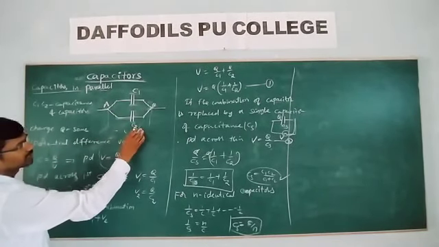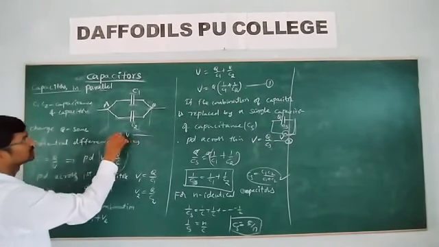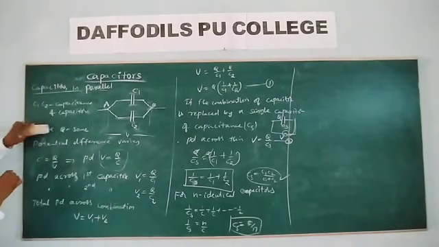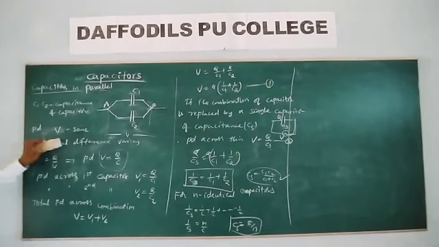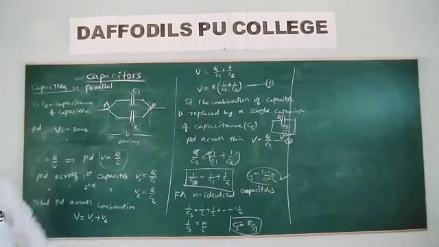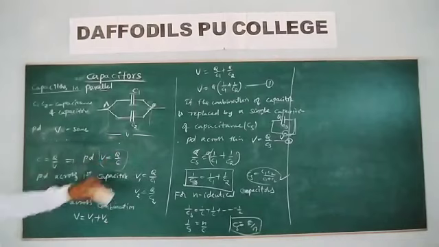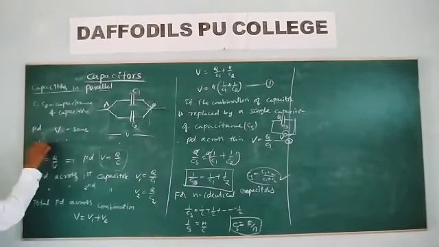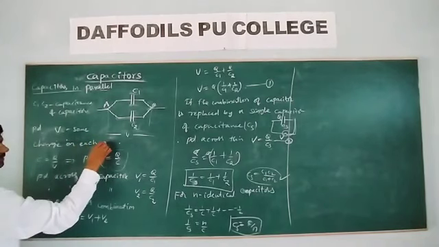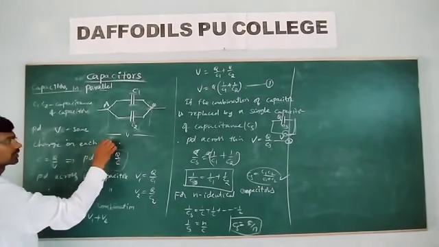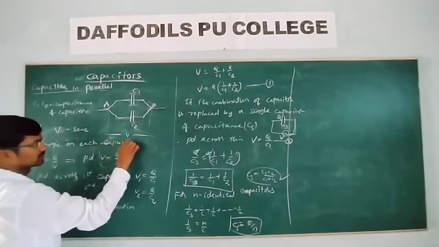Therefore, the potential difference across the combination remains the same. But what will happen? The charge on each capacitor will be different.